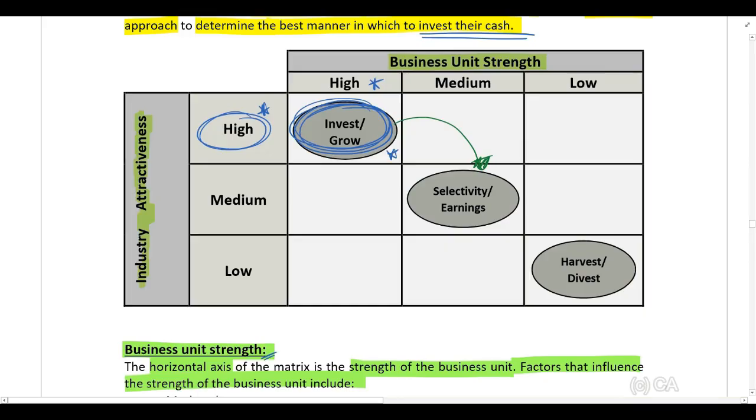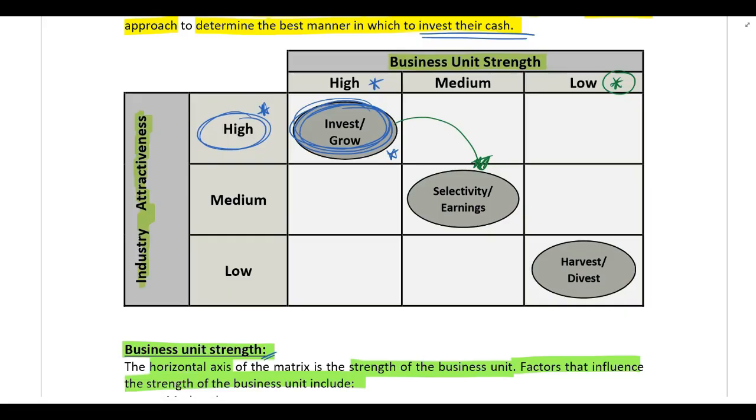However, if we have a business unit that has very low strength, in other words, they have a very small market share, customers don't necessarily recognize the brand, they have very low profit margins when we compare them to the competition, that means they have a low business unit strength.